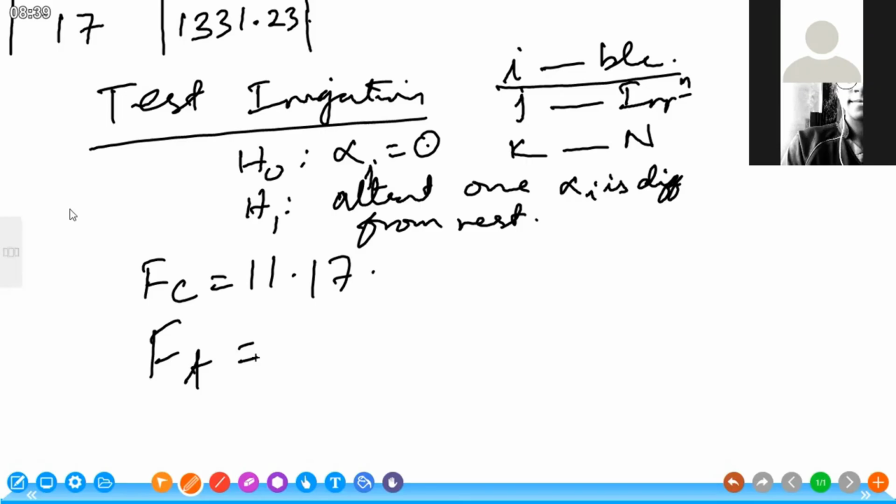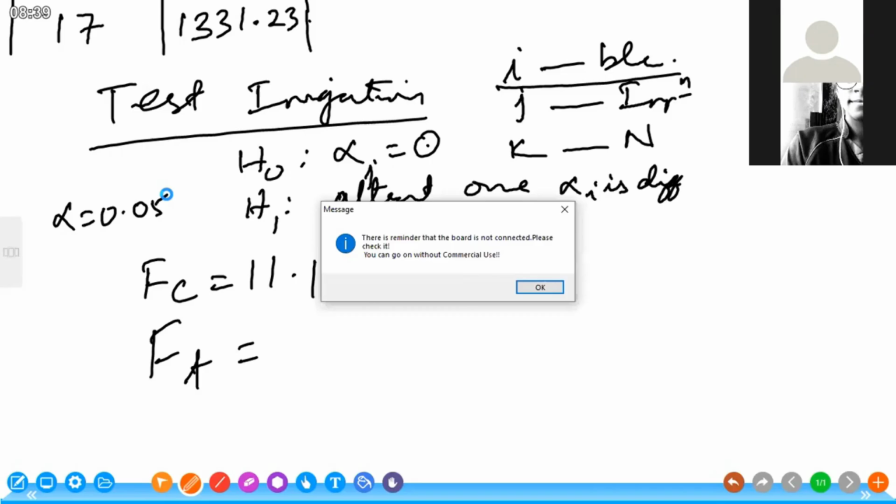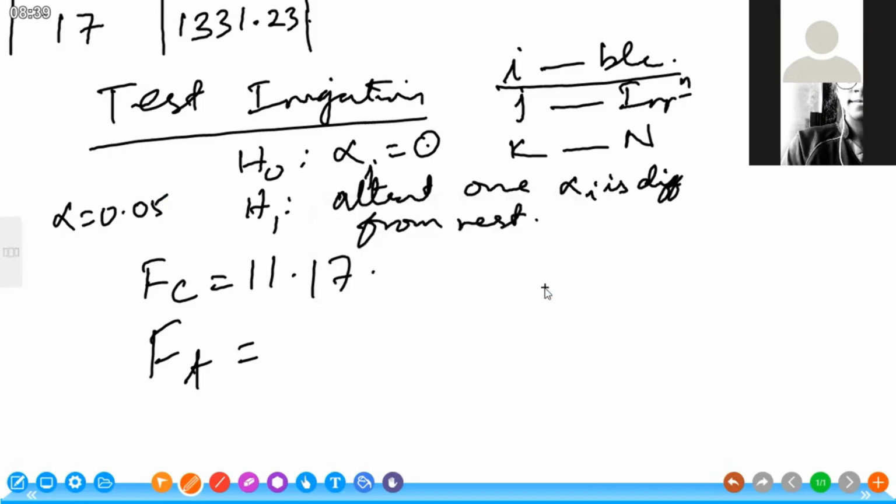At alpha, we consider alpha 0.05. Very quickly, we are wasting time. It is 18.5. I'll have to cross check.